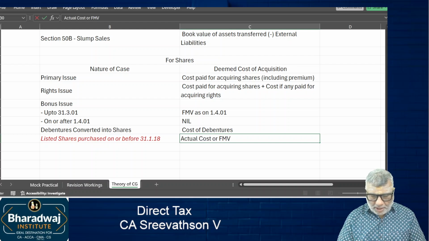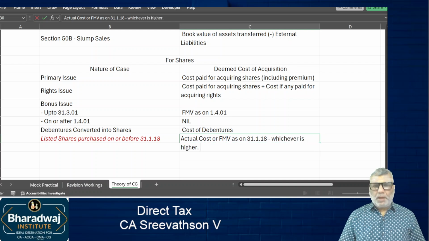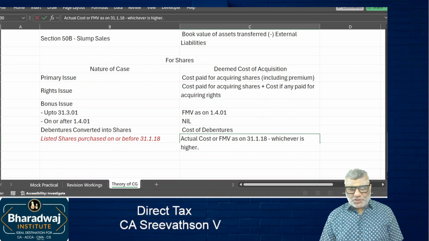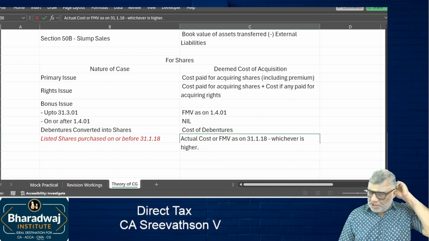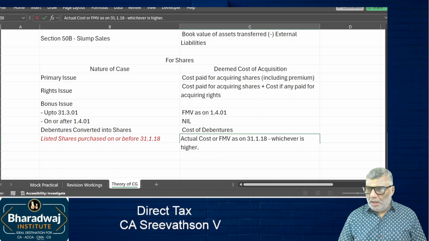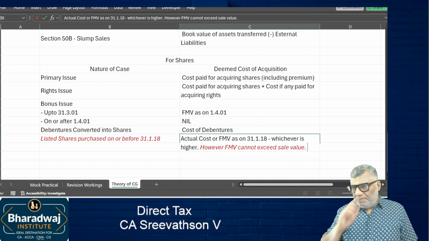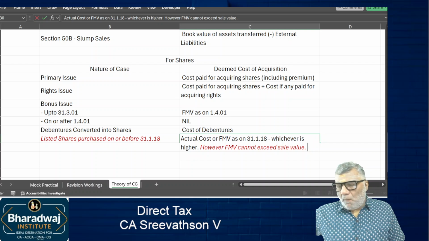Actual cost or FMV as on 31/1/18, whichever is higher. However, FMV cannot exceed sale value.